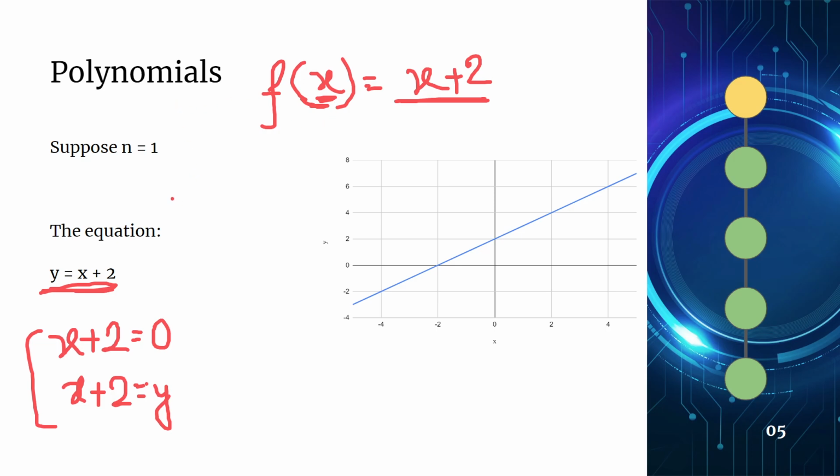And we have also written in some cases that y equals f of x. So at the end of the day, due to some mathematical reasons that I will not express, it will take more time, we actually want to make y equal to 0. This is our main objective.